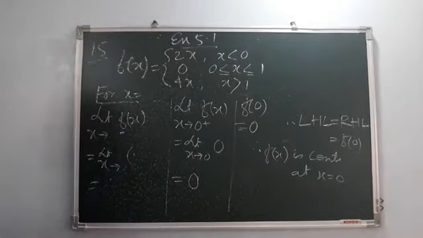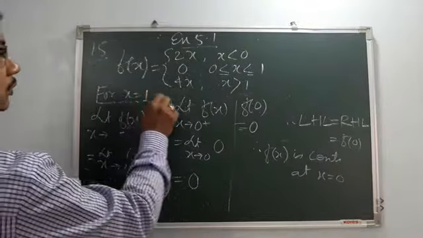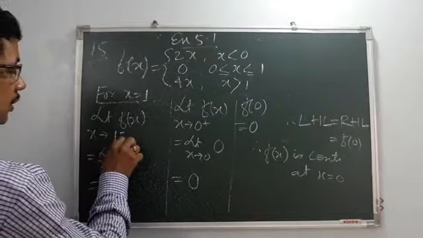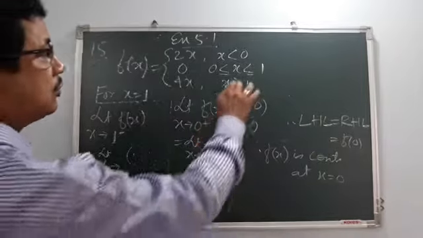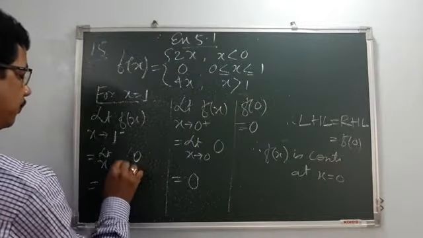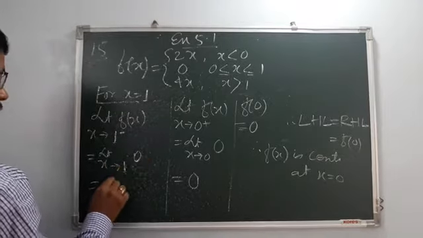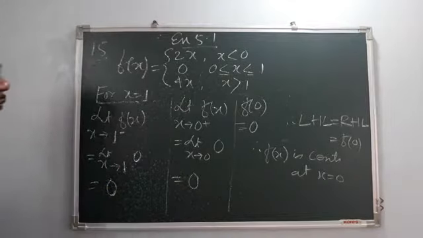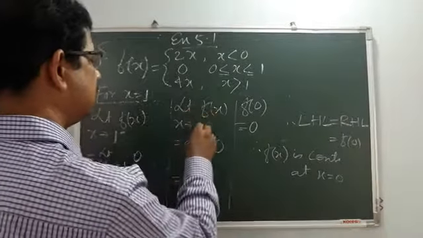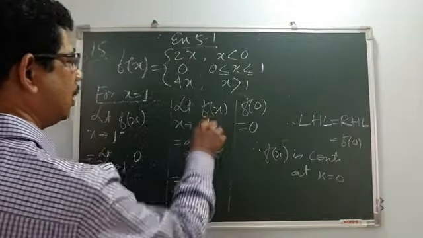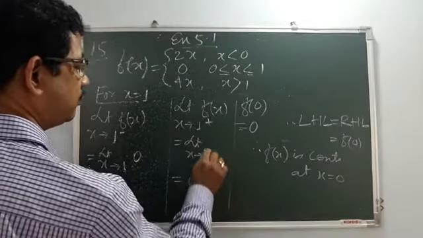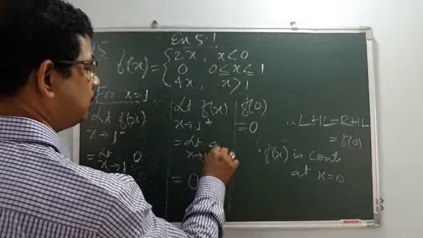So here, if we take x equal to 1, then the left hand limit, x tends to 1 minus, is less than 1, and this gives the value 0. If we take the right hand limit, x tends to 1 plus, a little greater than 1, this is 4x.